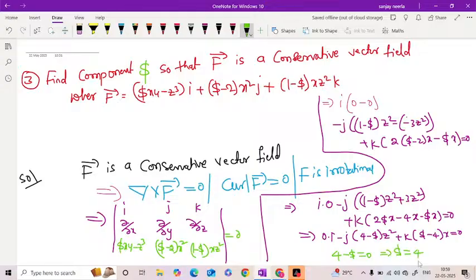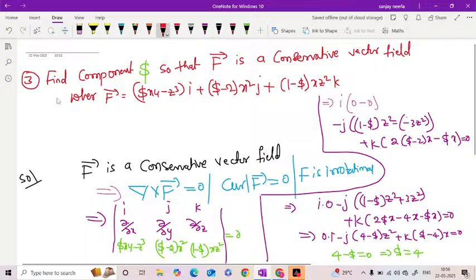Okay, if the parameter is equal to 4, the given vector field is the conservative vector field, or the given vector is the irrotational vector. Now irrotational vector means, what does that mean? Definitely there exists a scalar potential field. Okay, that is our second question.